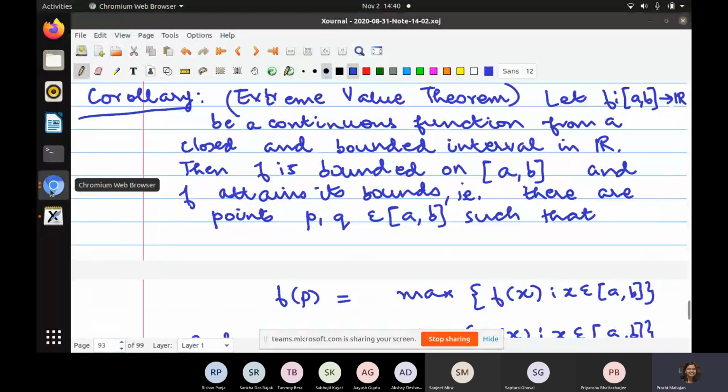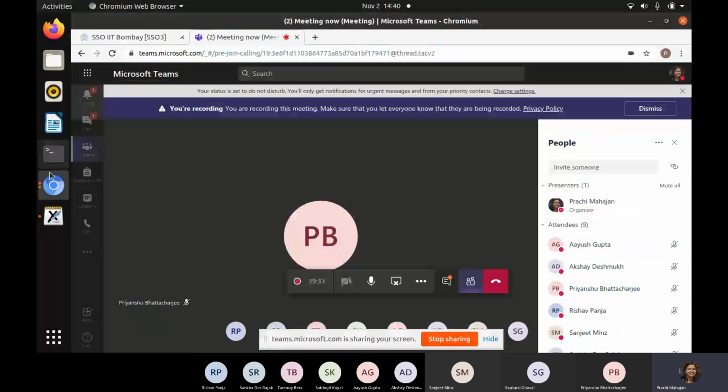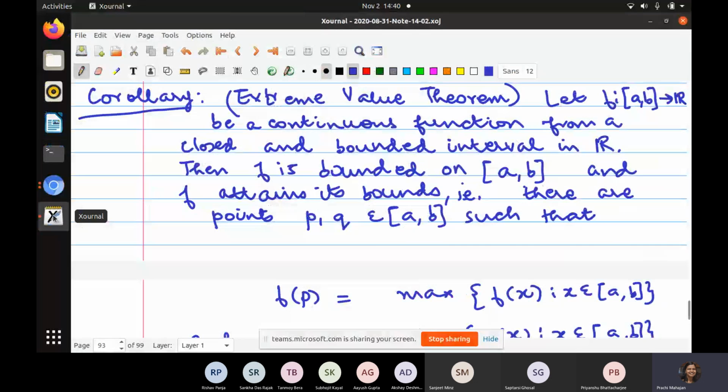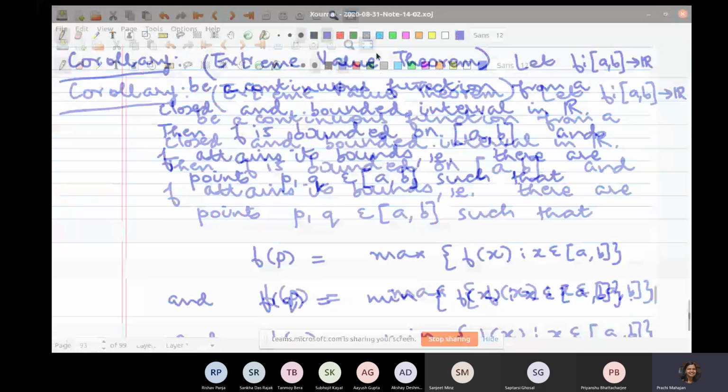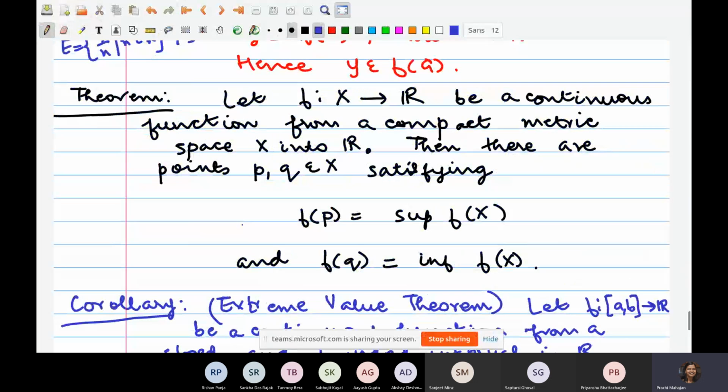It doesn't matter if you have not seen it, but I thought it might be a good idea to tell you what it means on the real line. This is a very simple corollary of the statement of the theorem that we are interested in. Over here we have a general metric space which is compact by assumption. Does everybody follow the statement of this theorem?